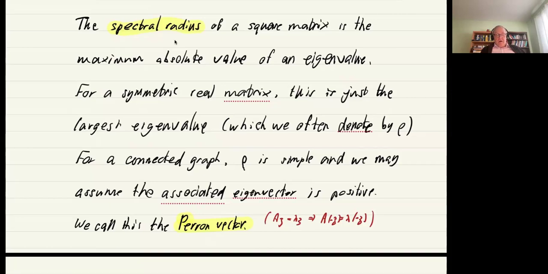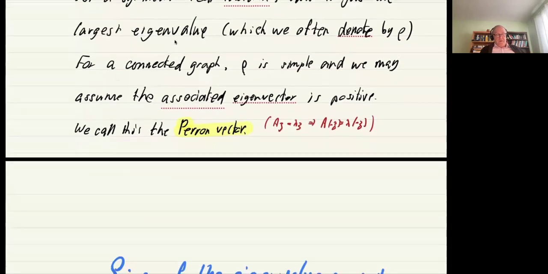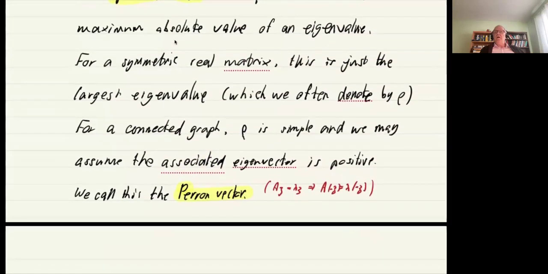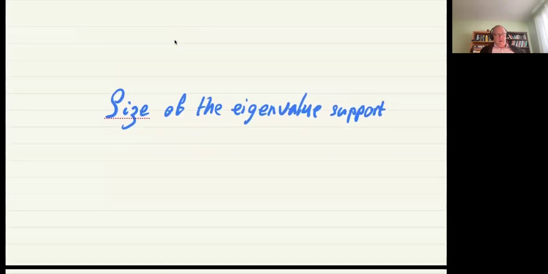For a connected graph, rho is simple, as we just saw, and we can assume the associated eigenvector is positive. That vector is often referred to as the Perron vector. So those are the basic facts.